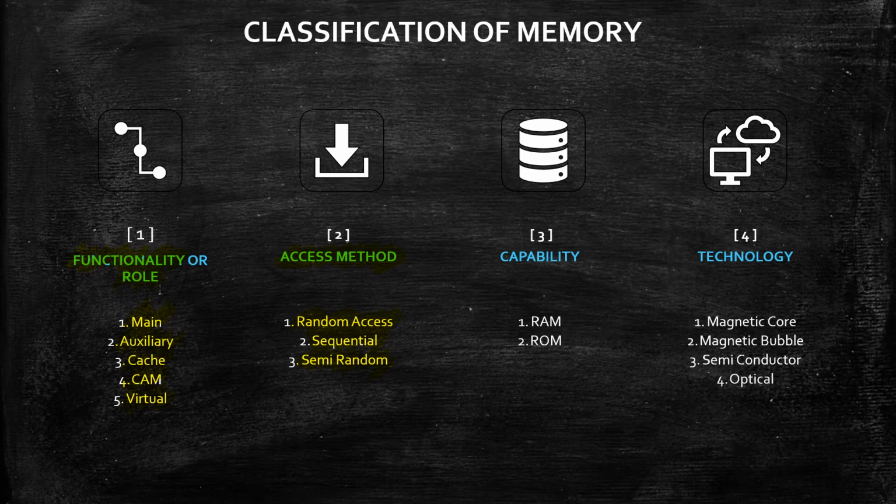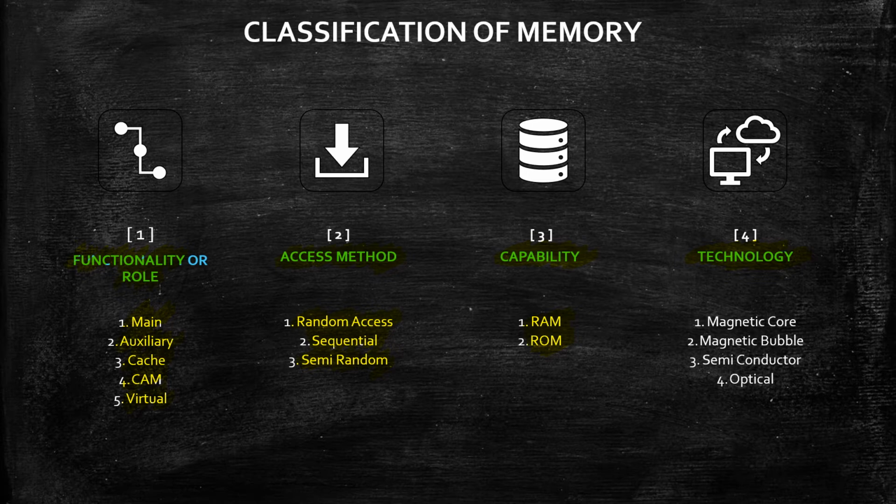Then the third category is the capability of memory, because each memory has a different capacity or capability: what they can do, how they can do it, what is their capacity to work. Based on that we have RAM and ROM. These two memories come under capability. The very last category is based on the technology.